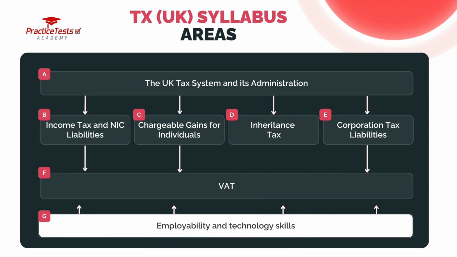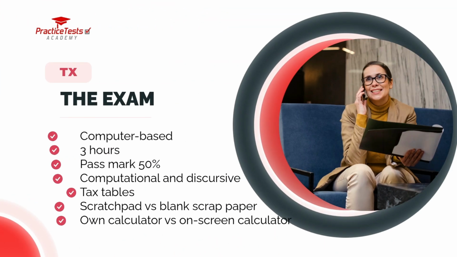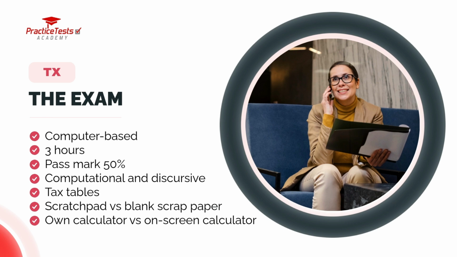So that's the full scope of the ACCA TX UK version syllabus, from income tax to inheritance tax, corporation tax to VAT, all supported by digital skills you'll need to pass the exam confidently. It is a 3-hour computer-based exam and the pass mark is 50%.